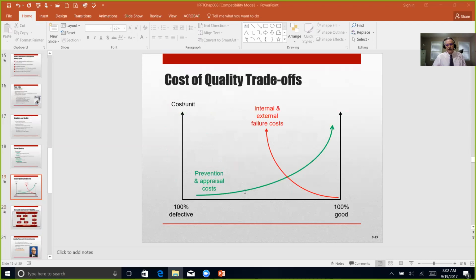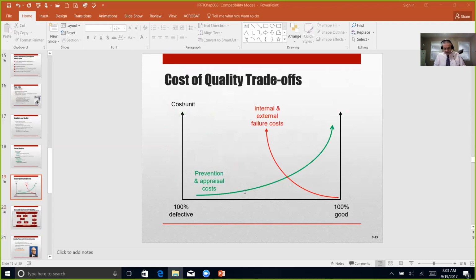But if it's not defective, it also has a benefit of great customer retention, great customer satisfaction. But it's just a different way of how you're looking at the cost of quality and how they can relate to one another. And as prevention and appraisal costs increase, internal and external failures decrease.